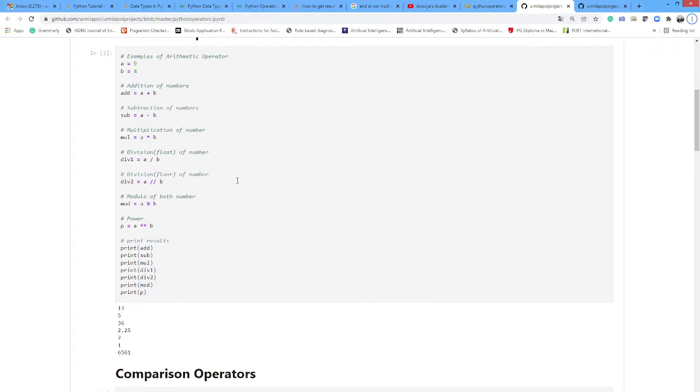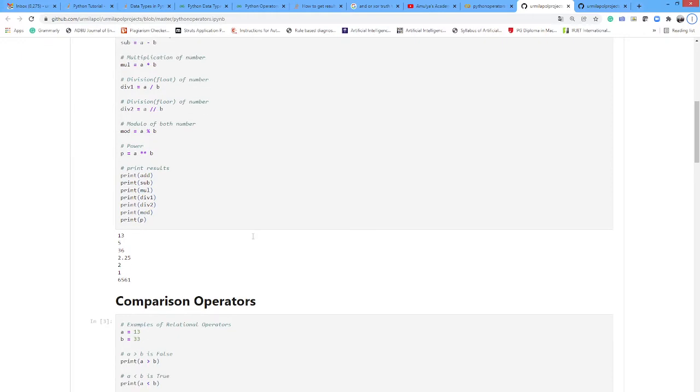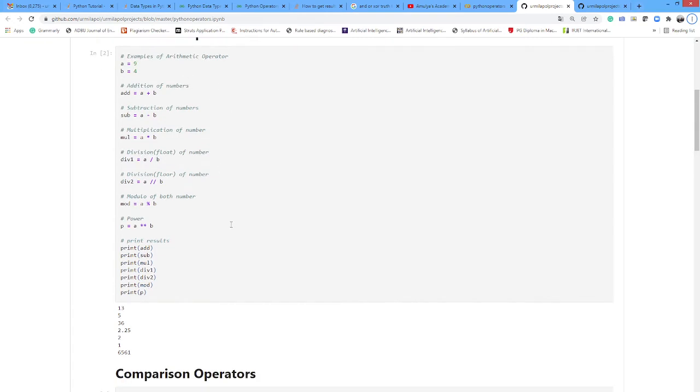then floor division of numbers, 2, modulo of both numbers, remainder, that is 1, means 9 divided by 4, and remainder is 1.